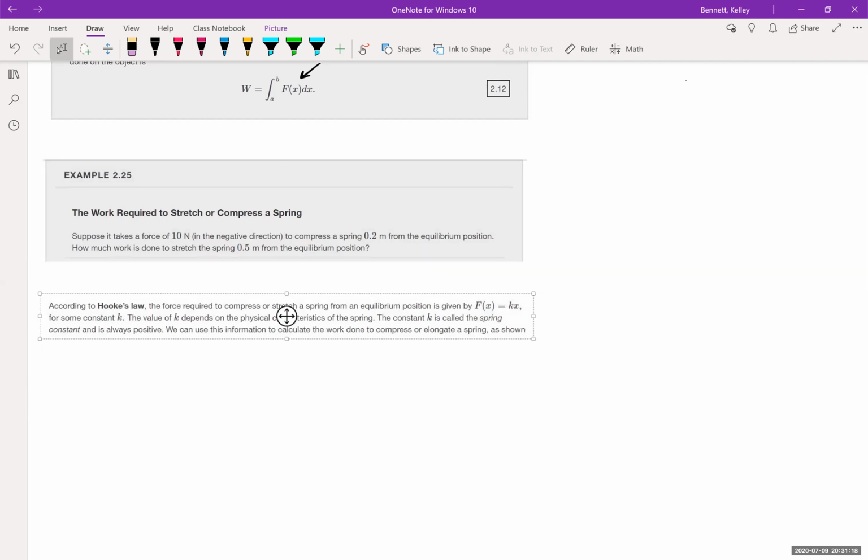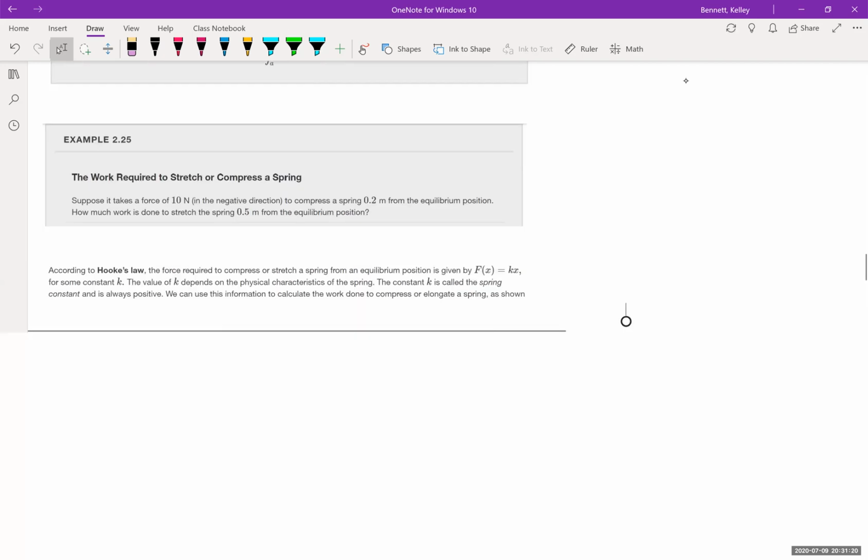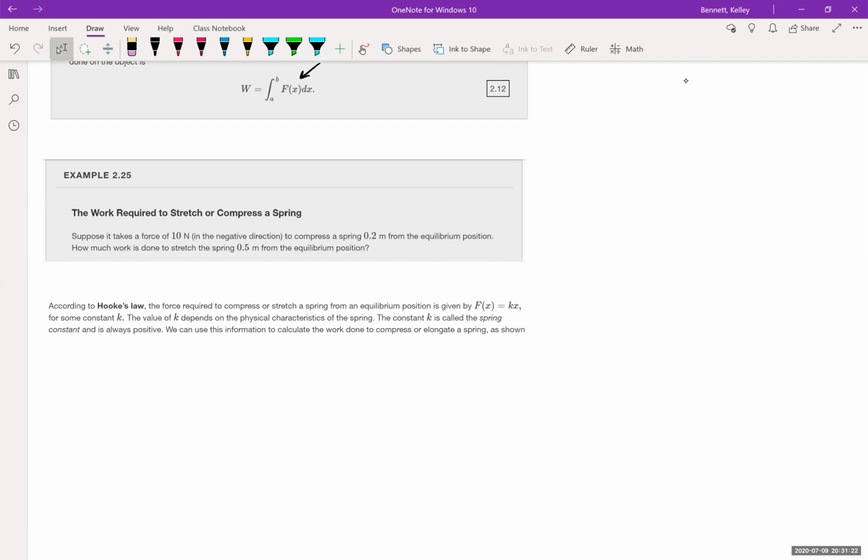Hooke's law talks about force and spring constants and how to determine them. This is super important, in particular this part. For example, 225, the first thing you have to do is determine your spring constant. Then once you determine it, you calculate work based on the value you found for k.